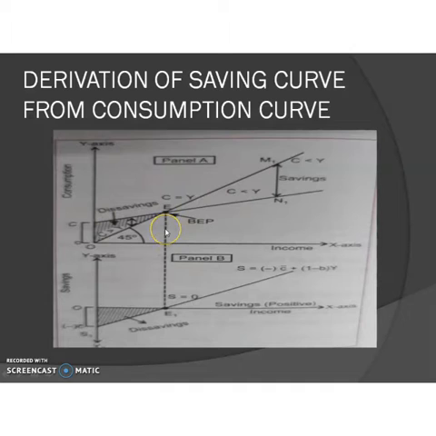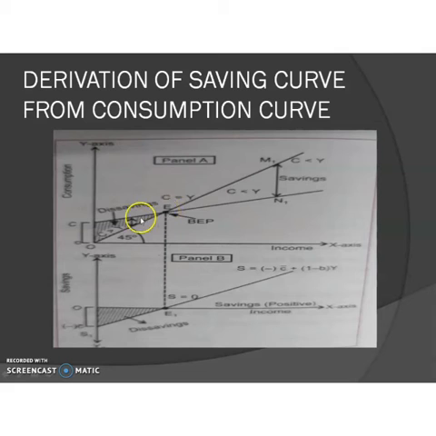Then at any level of income to the left of E, that is the left part of E, C is greater than Y. This is the income line and this is the consumption line.